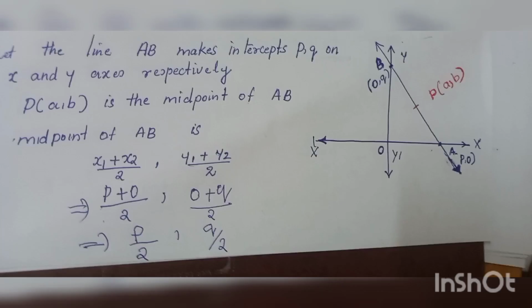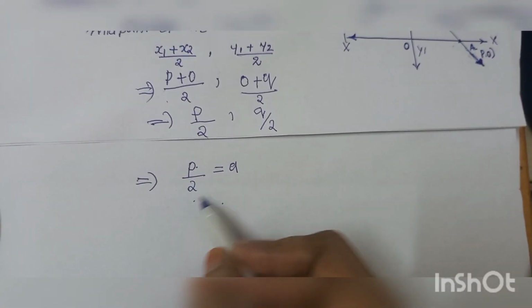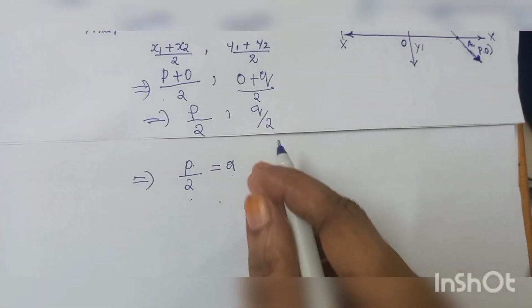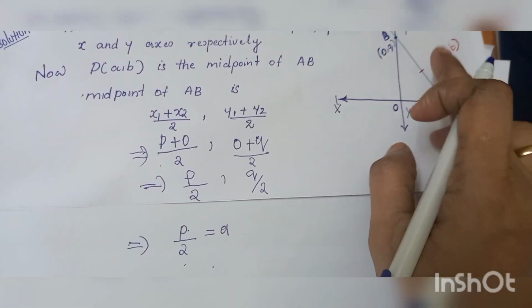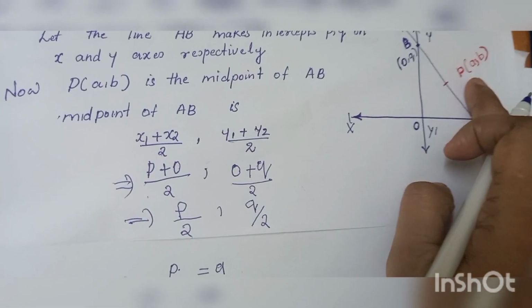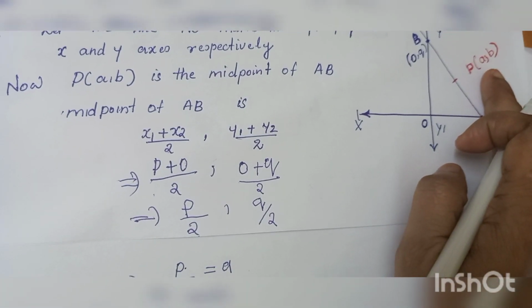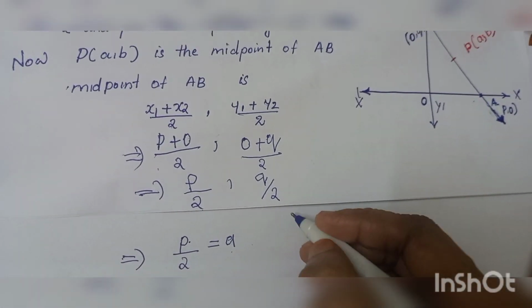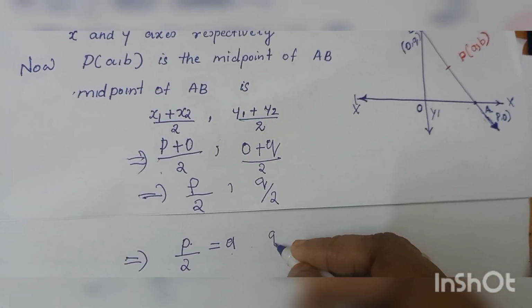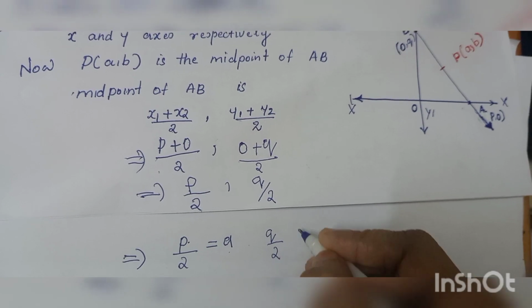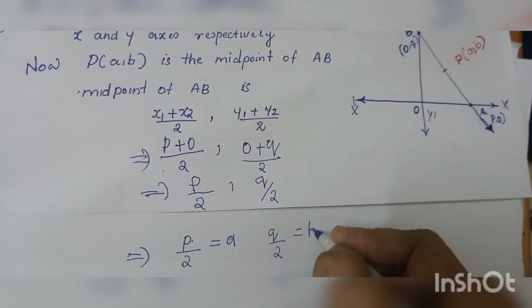So we can write p by 2 is equal to a, the x coordinate, and q by 2 is equal to b, the y coordinate.